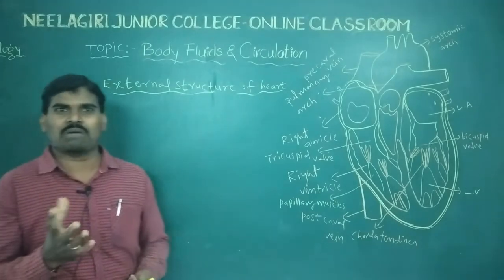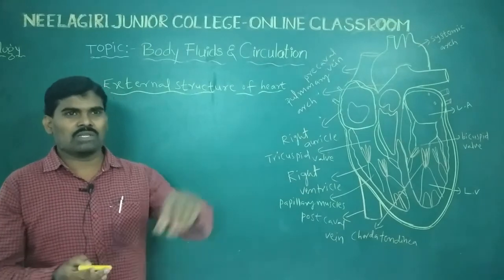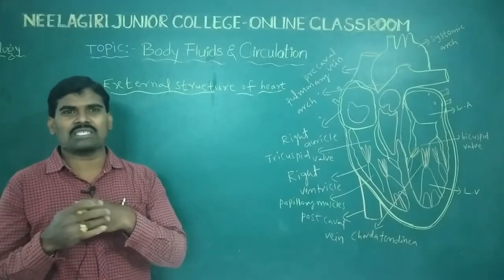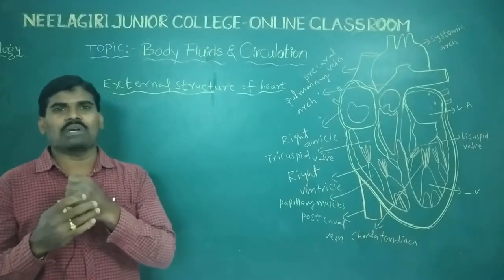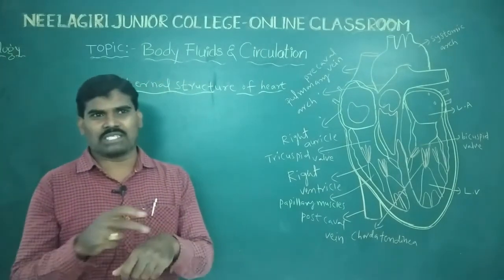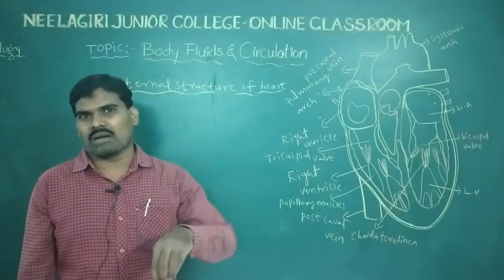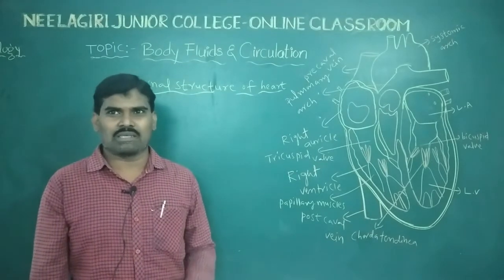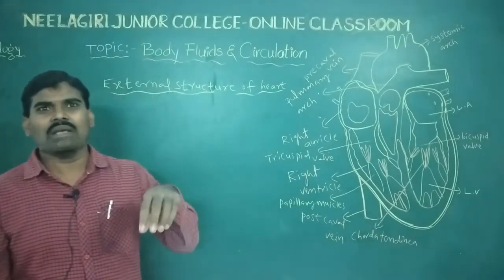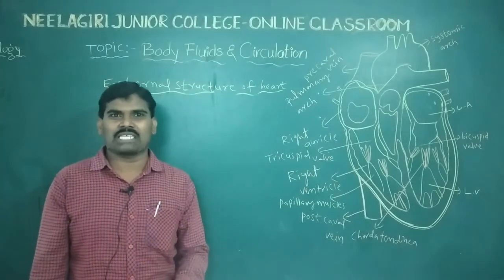How many types of blood vessels are there? Two types: arteries and veins. In our bodies, the exposed blood vessels are the veins; in some persons the veins are visible. Arteries lie only in internal organs, so arteries cannot be seen. Arteries circulate only oxygenated blood, while veins carry deoxygenated blood.